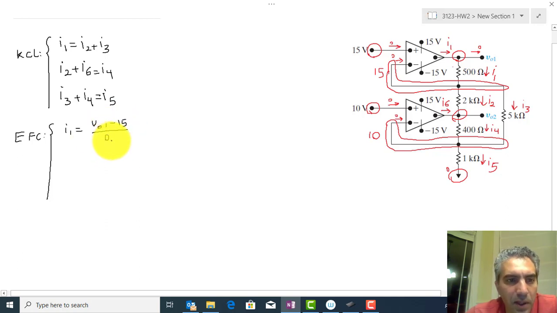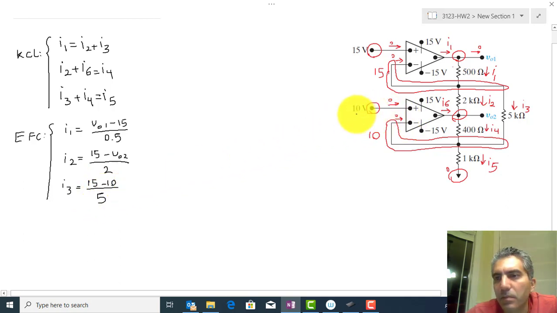I'm going to use the values in kilo ohm, and the currents would be in milliamp. For the 2K resistor, I2 is equal to 15 minus Vout2 divided by 2. For the 5K, I3 would be 15 minus 10 divided by 5.